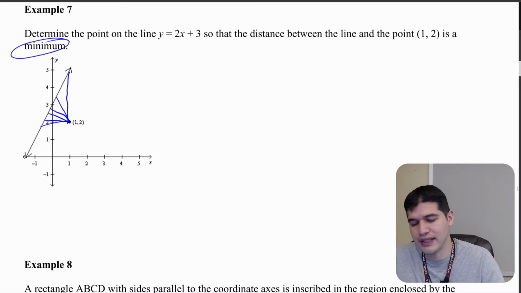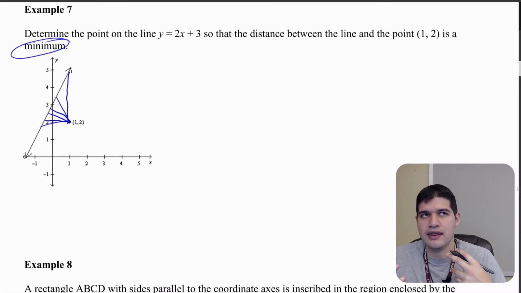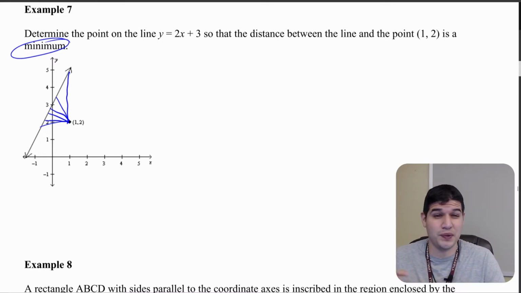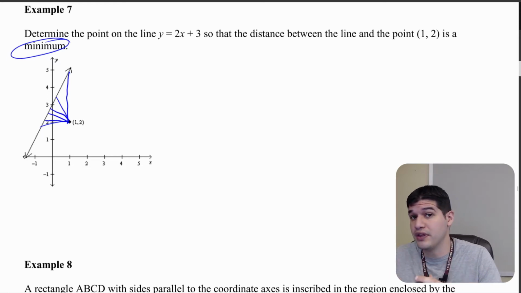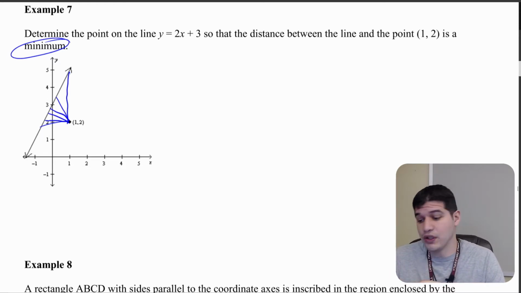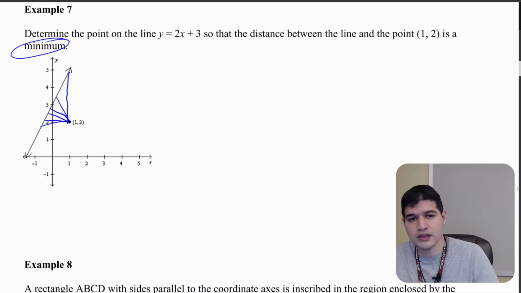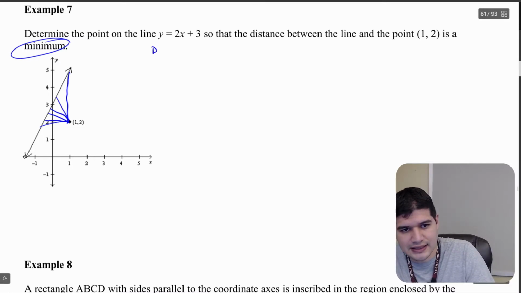How do we find the distance between 2 points? Well, that's the distance formula, the Pythagorean theorem, and that's what we're going to be using here. If you don't remember it, the distance formula is the square root of (x1 minus x2) squared plus (y1 minus y2) squared.